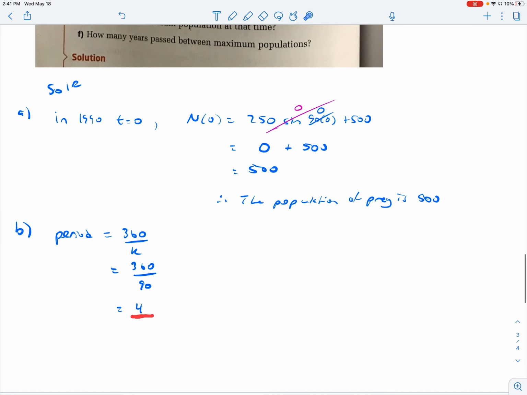So if the period is 4 years, a quarter of that will allow us to be at a maximum. So therefore at 1 year, the prey reach a maximum.